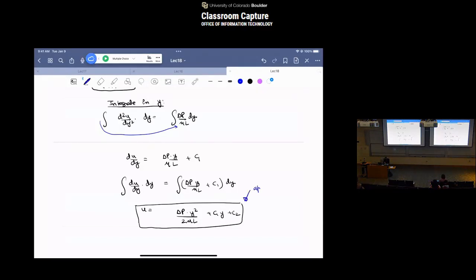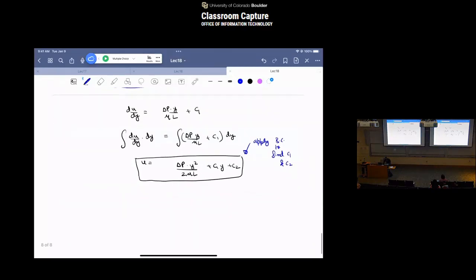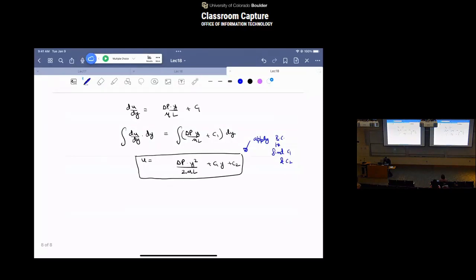Apply boundary conditions to find c1 and c2. Okay. I will not do this. I'll just directly give the answer. You will do this in your homework problem and exam practice problems, and you will get practice. It's just math, like plugging in and just being careful of the signs.